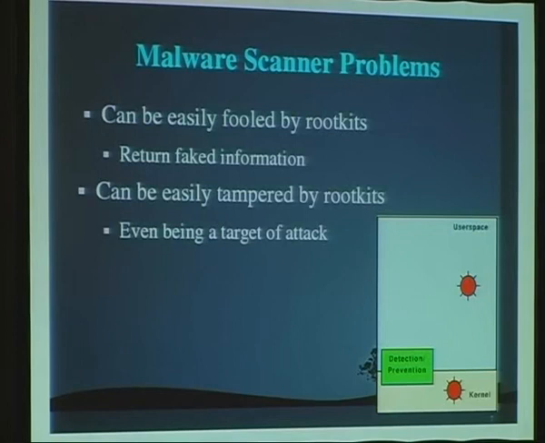That means the malware scanner can be easily fooled by the rootkit, especially if the rootkit runs inside the kernel. And because if the rootkit runs inside the kernel, it can easily tamper with your malware scanner, and you can even attack your malware scanner. It makes it work incorrectly, or it can even kill your malware scanner, for example. So the malware scanner doesn't work correctly anymore.